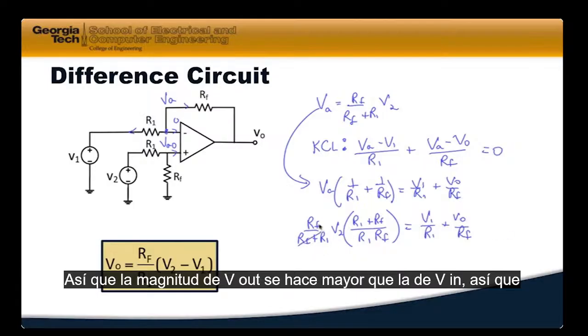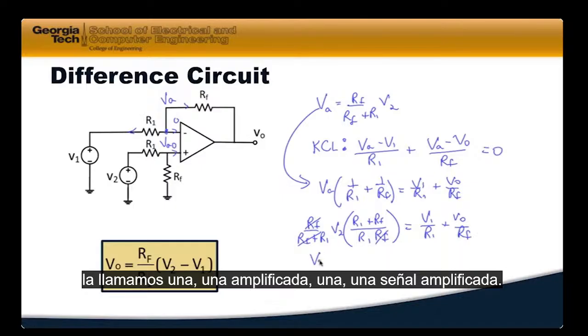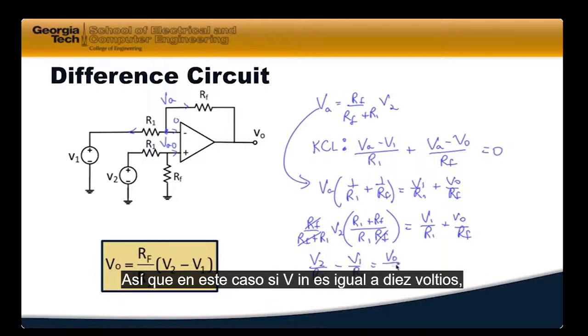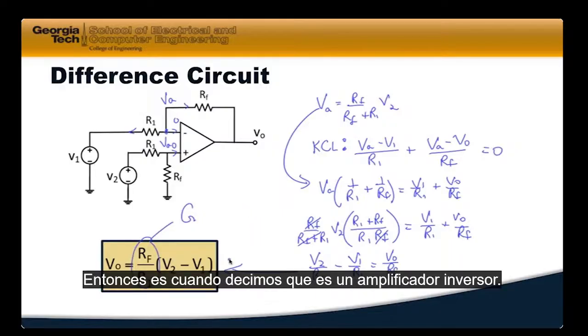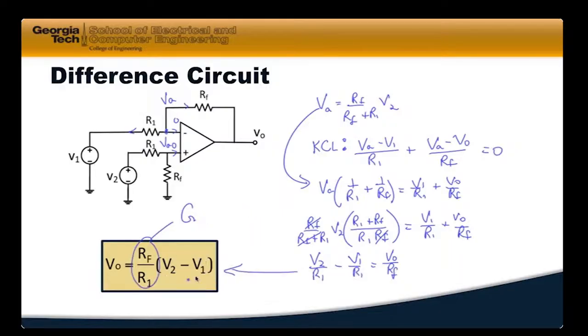Here I can cancel some terms, and what I'm left with is V2 over R1 minus V1 over R1 is equal to V out over RF. From that, it's pretty clear that I can derive this expression. So in this case, the gain is equal to RF over R1, and it's the gain times the difference between the two voltages.